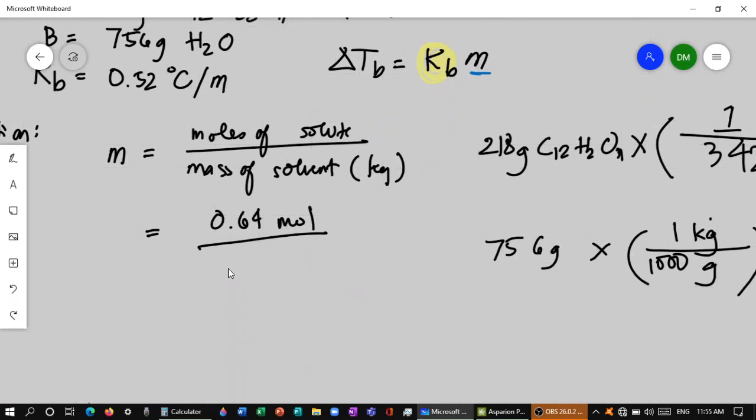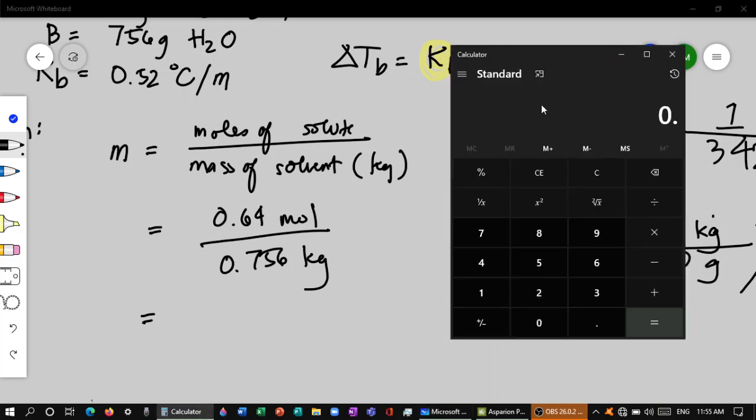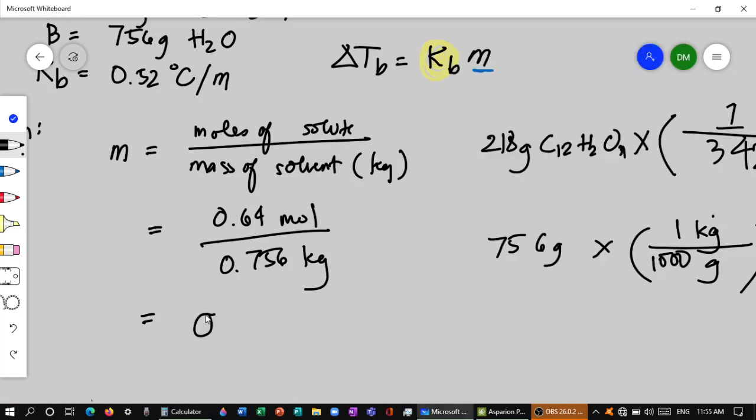Let's put that in the equation, 0.756 kilograms. And we divide this one, that's 0.64 divided by 0.756 is equal to 0.85 moles per kilogram, or we can say this one is 0.85 molal. So that's the molality of this solution over here.